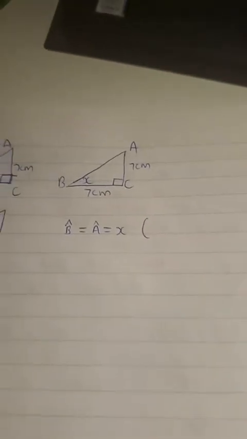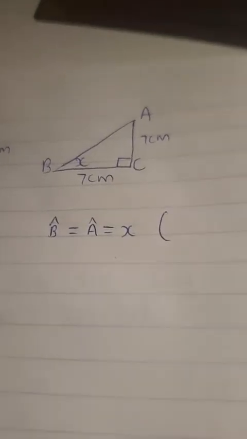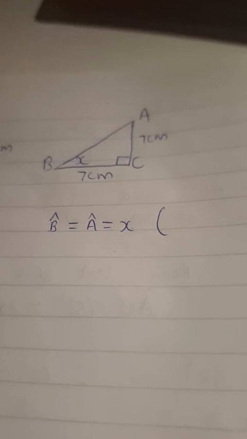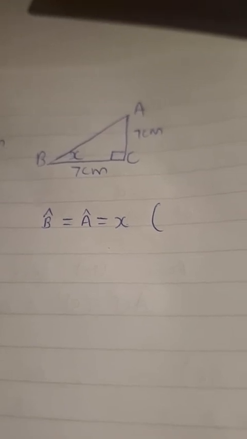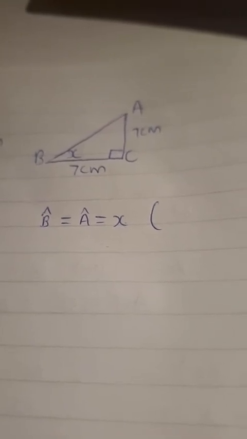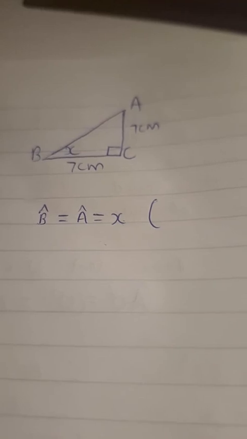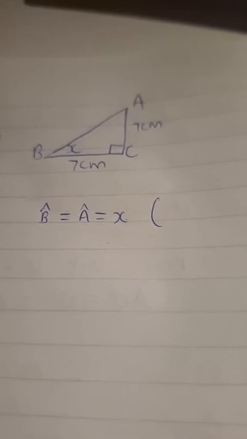Okay, what's the reason? I hope you guys can see the reason. Can you state the reason in the comment section for me so that I can write it out so that all of us can see it?